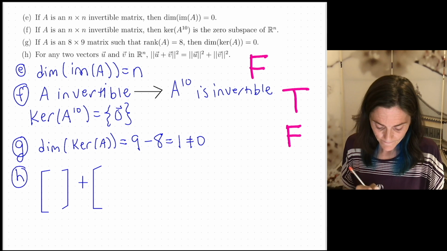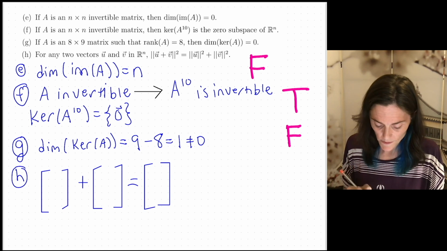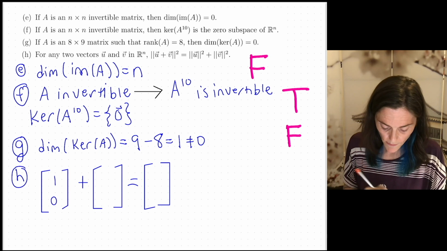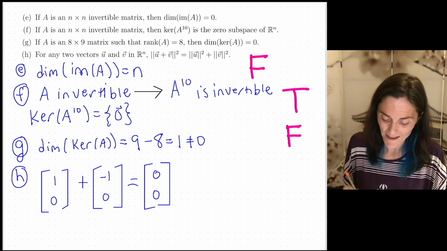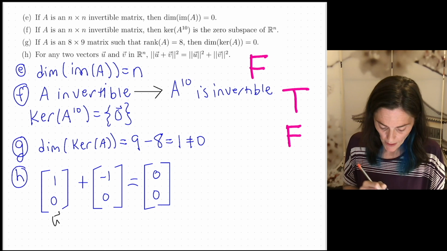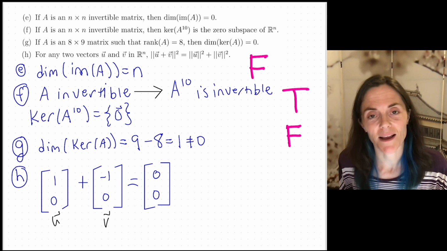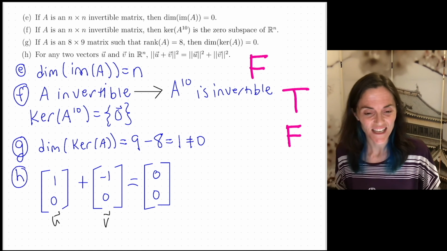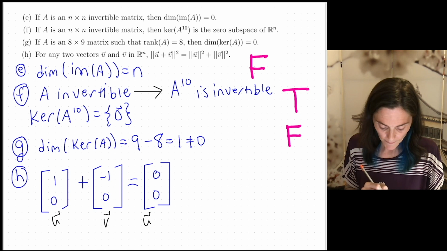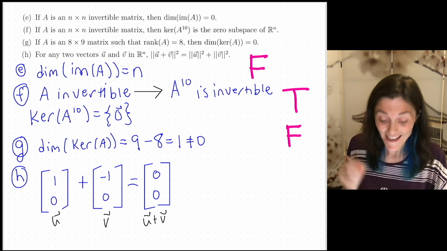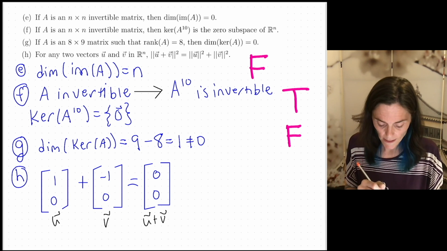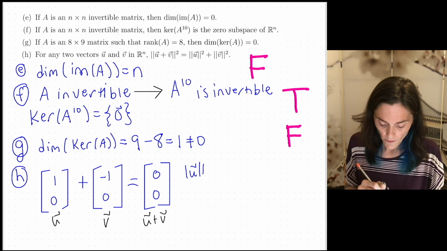But I'll just give a specific example, and I can create a simple one here where it fails. All I have to do is take (1, 0) and (-1, 0). Here's my u and here's my v, and then here is u plus v. You notice that the length of u equals the length of v, which is just 1.